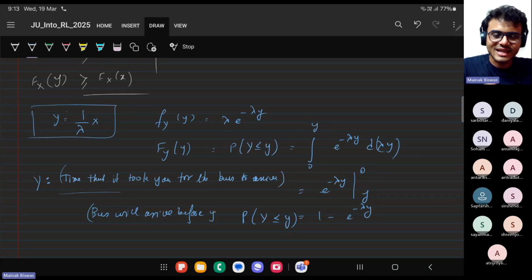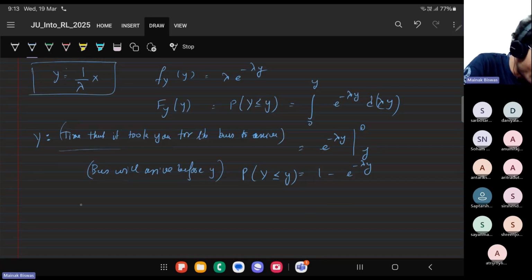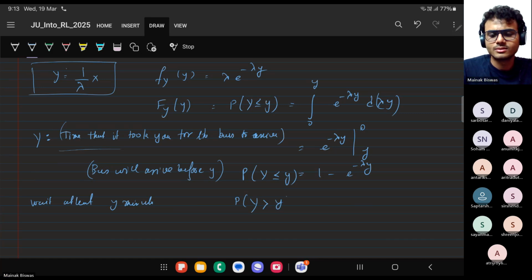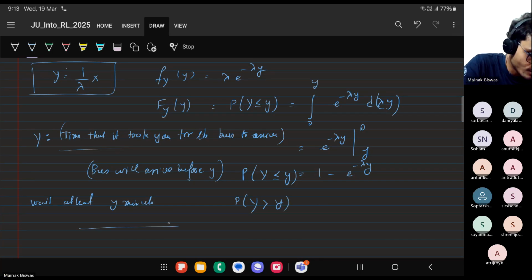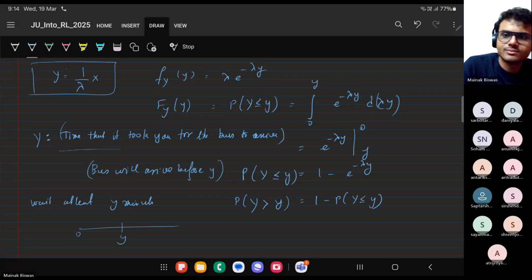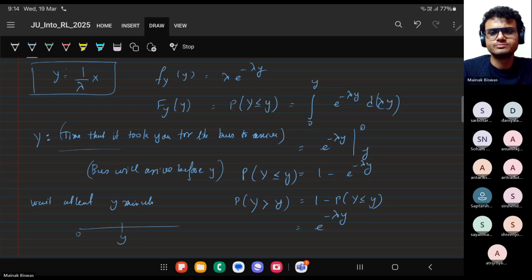Why is this? So now this is less intuitive. If I tell you that you have to wait at least y minutes, then I can say that is the probability of Y greater than y. Fine. That is equal to 1 minus the probability of Y less than y, which is equal to e to the power minus lambda y. Yes or no?